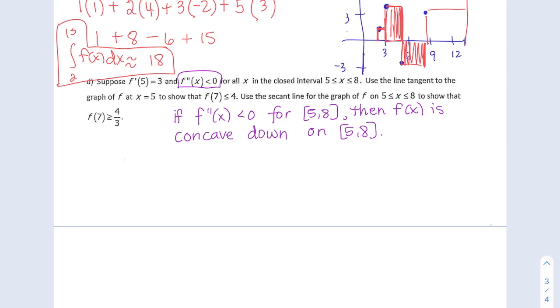So let's just picture that. Here's 5, here's 8. I don't know where it is, but I know it's concave down. So maybe it looks something like that, where it's concave down in that interval.